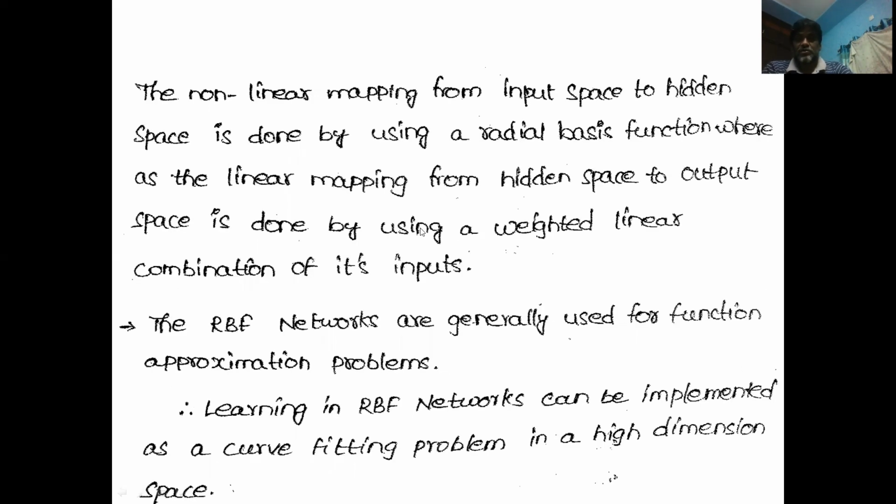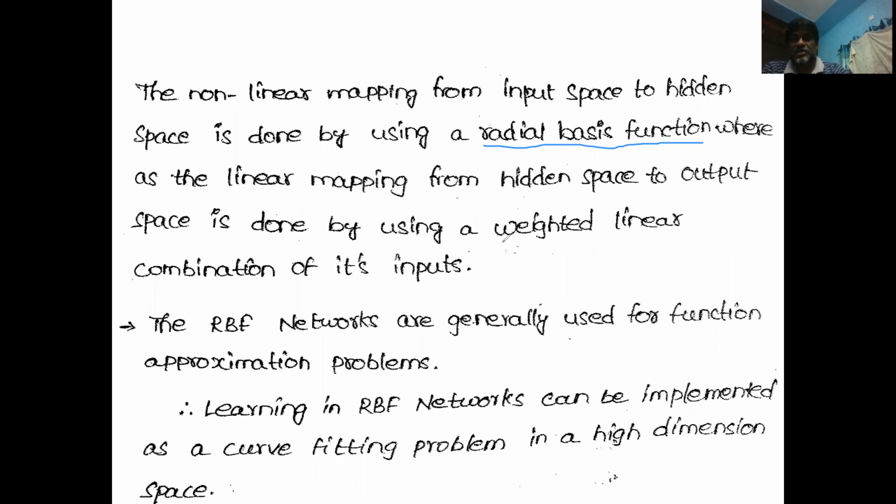The non-linear mapping from input space to hidden space is done by using the radial basis function, as I explained earlier. This is the special activation function we use for mapping our input space into hidden space. And then the linear mapping is used for converting hidden space into output space.